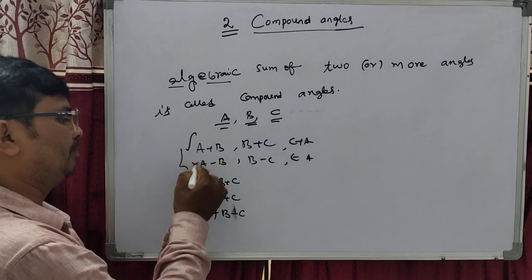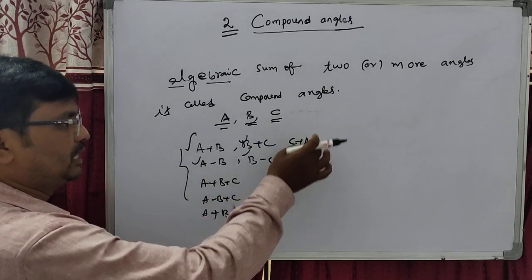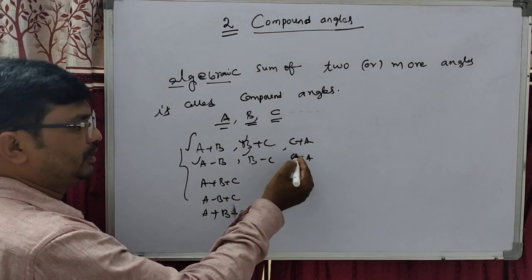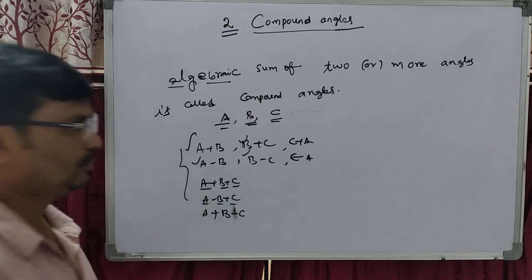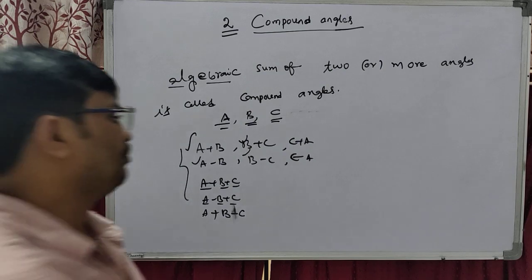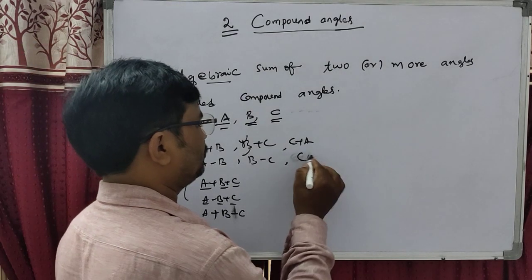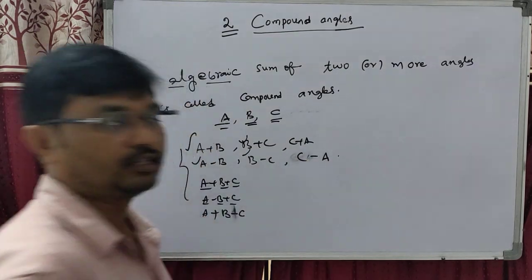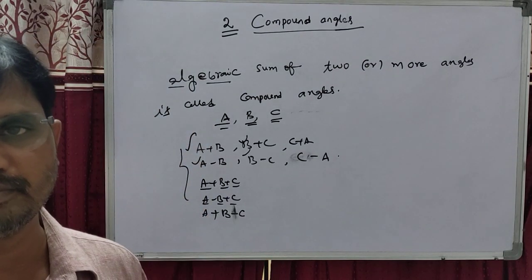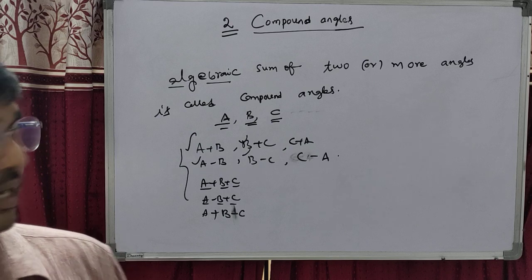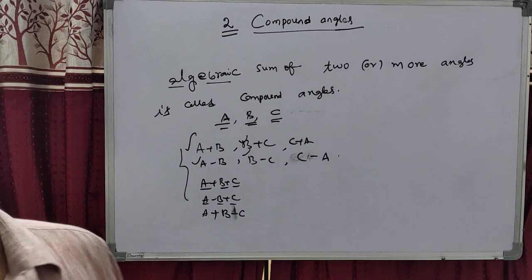My dear students, the algebraic sum, that means plus or minus, of two or more angles is said to be a compound angle.